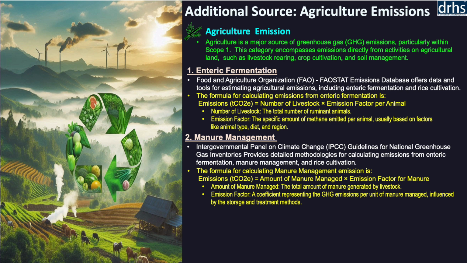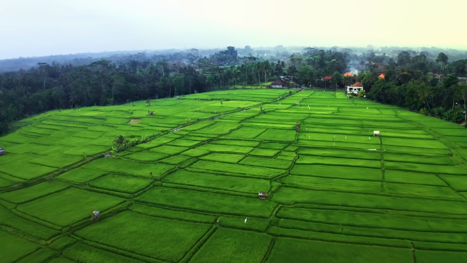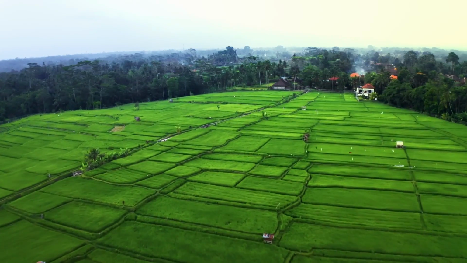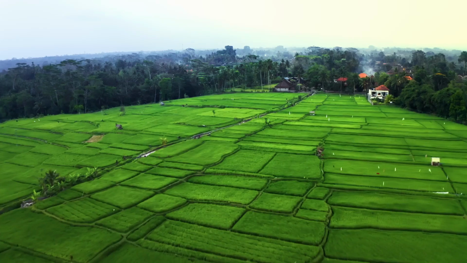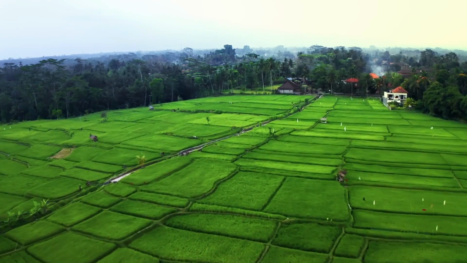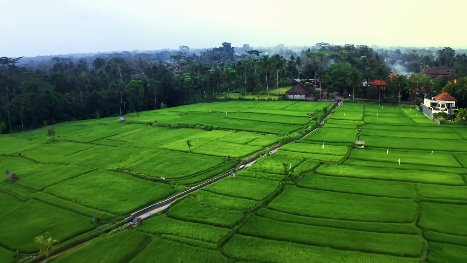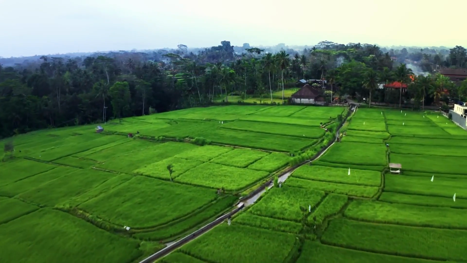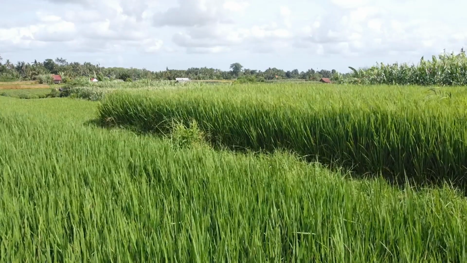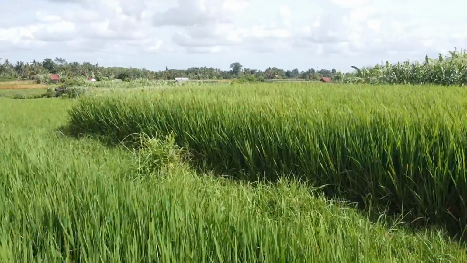Next is related to rice cultivation. Rice cultivation is another significant source of methane emission due to the anaerobic conditions in flooded paddy fields, which promote the decomposition of organic material. The process releases methane, which escapes into the atmosphere primarily during the growing season.